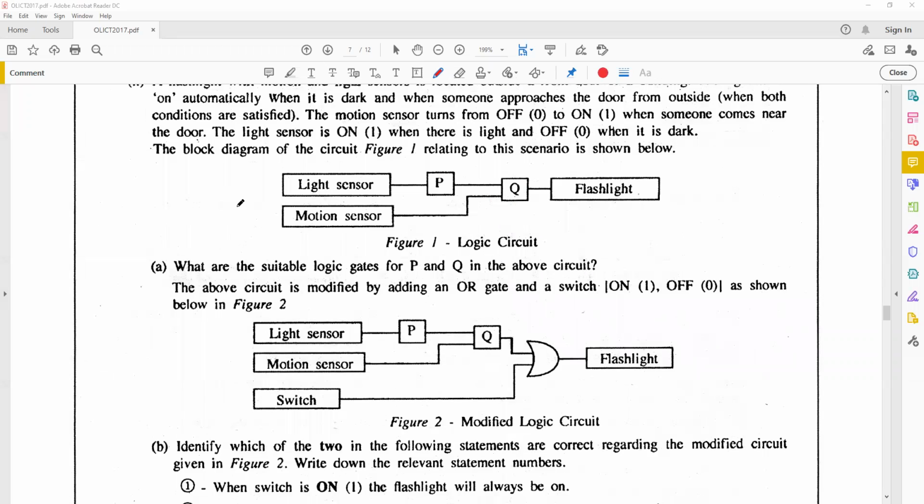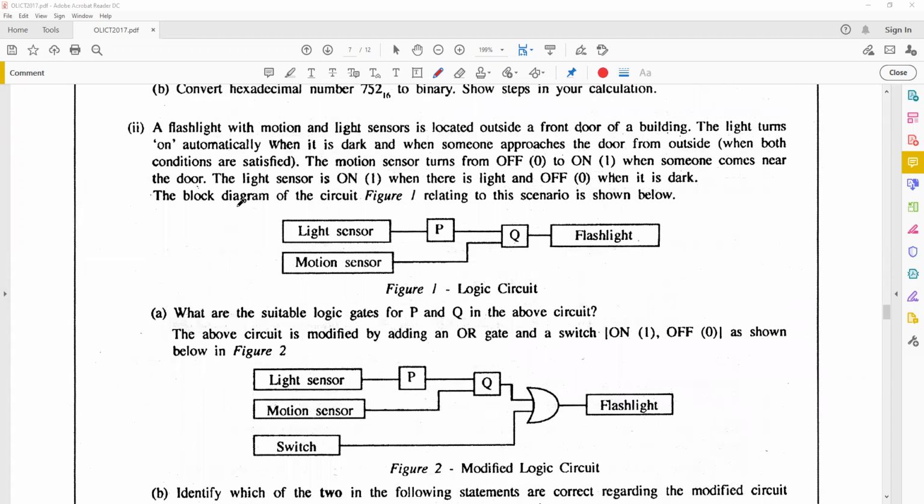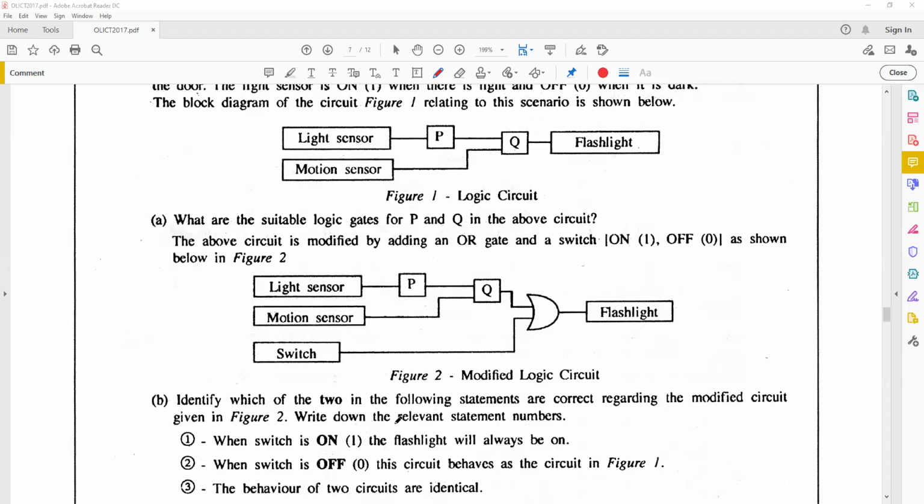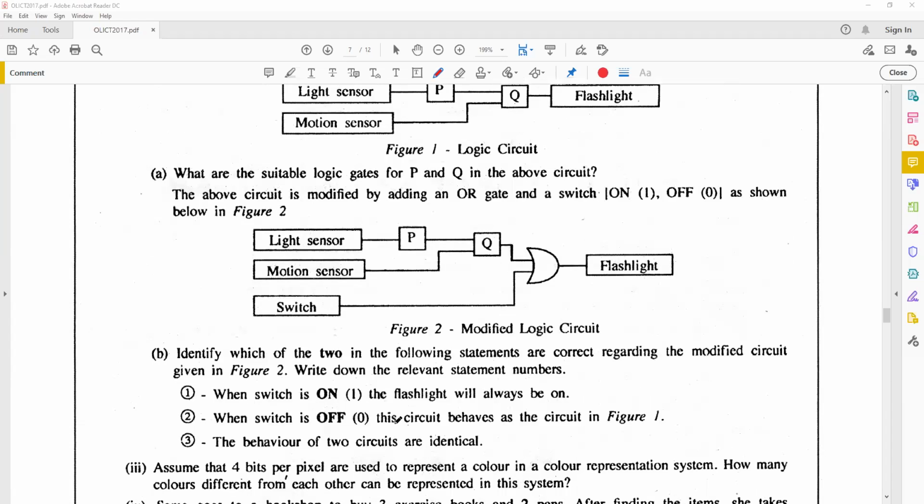What's the next one? The above circuit is modified by adding an OR gate and an on/off switch as shown below. So there's a switch. Identify which of the two following statements are correct regarding the modified circuit in figure 2.